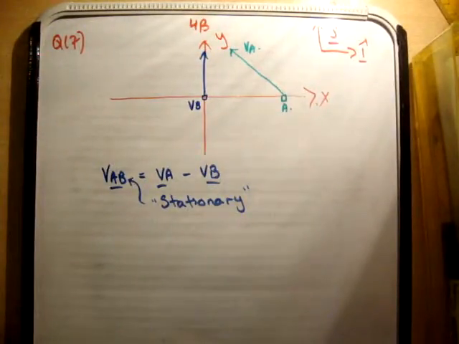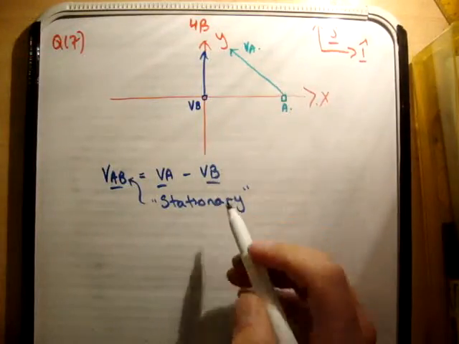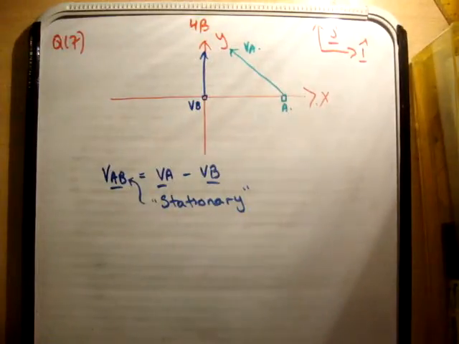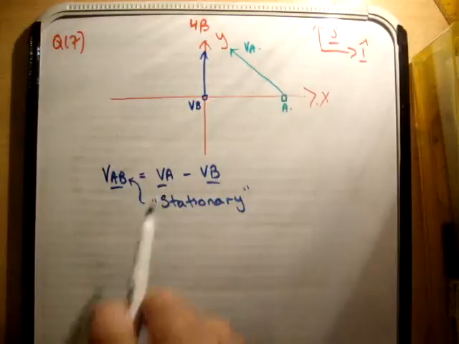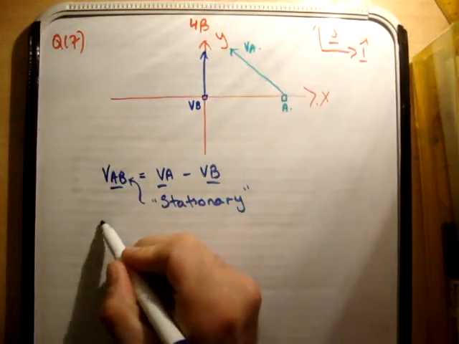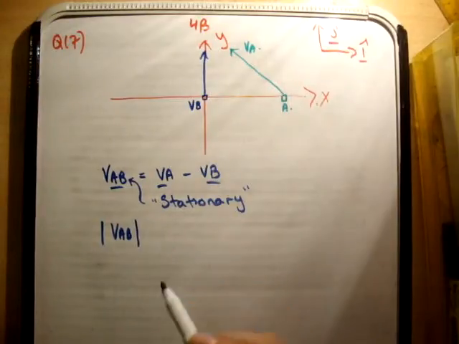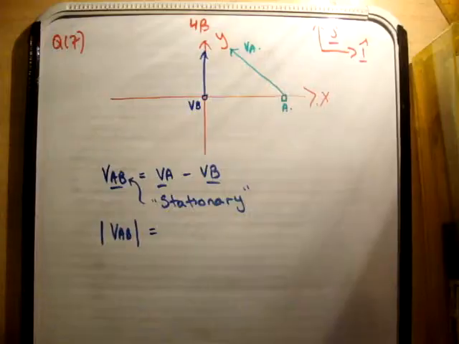Now let's put in a piece of information which we know. We know that the magnitude of the velocity vector VB is equal to 400, and we know the magnitude of the velocity vector VA.